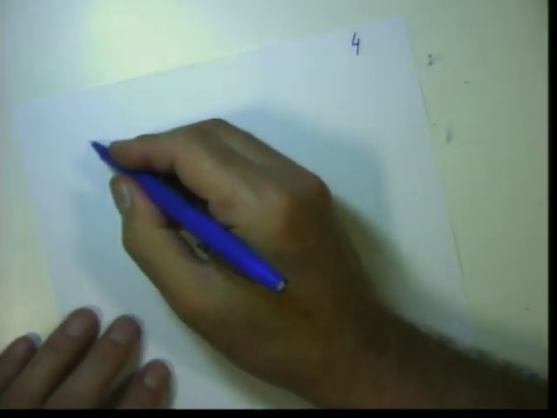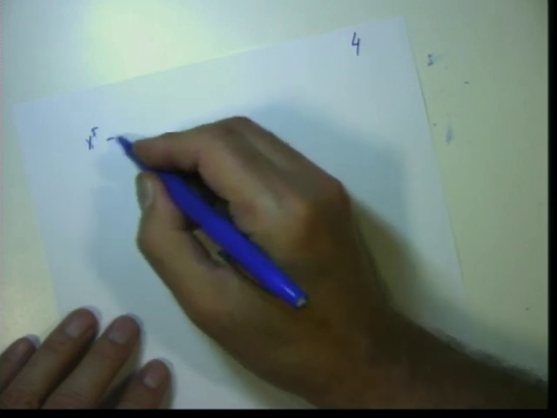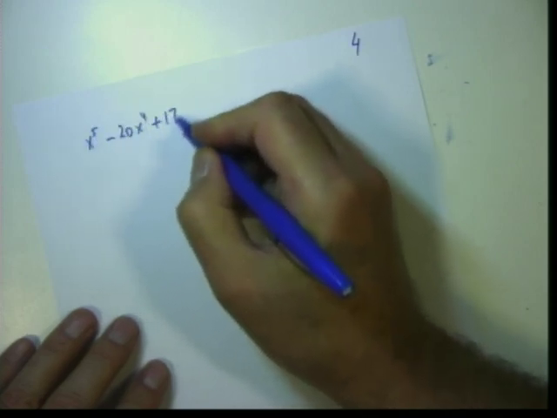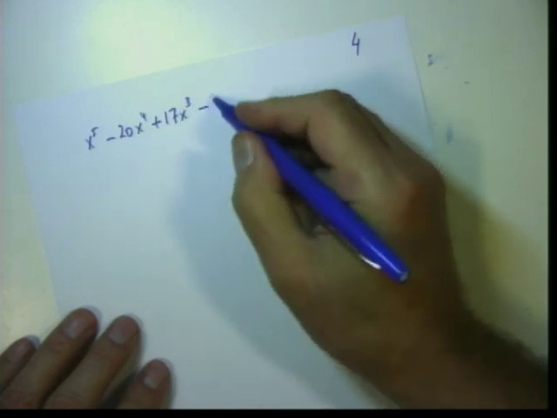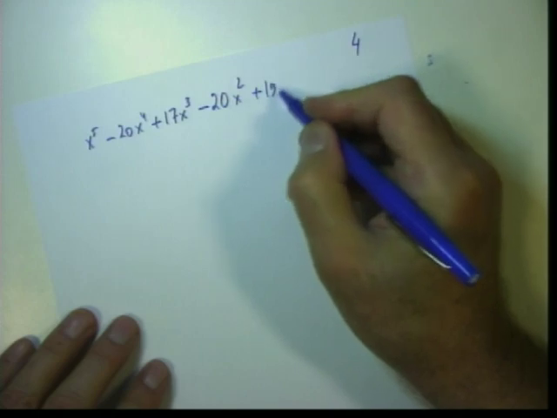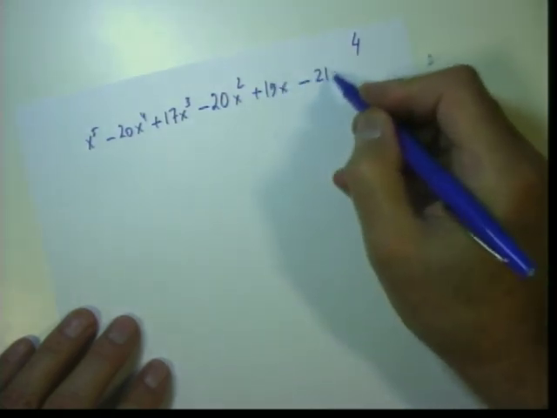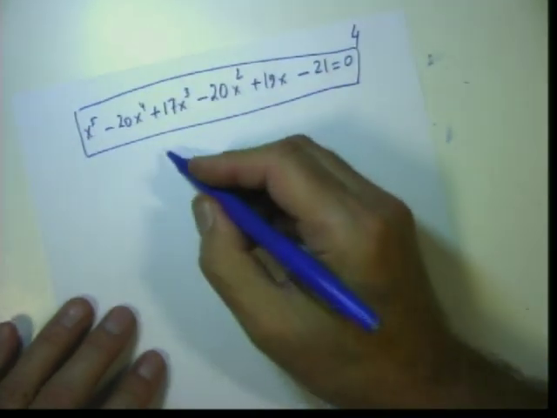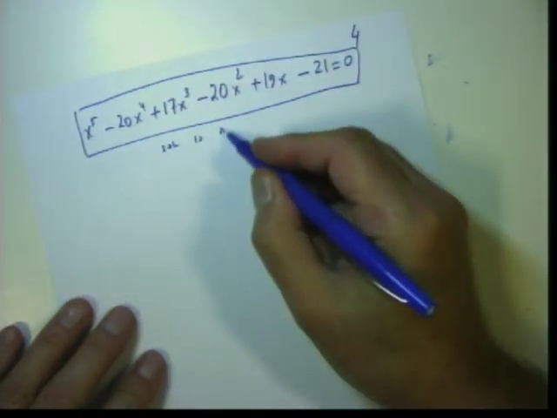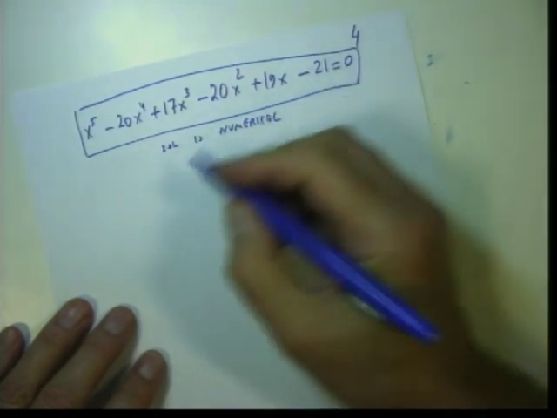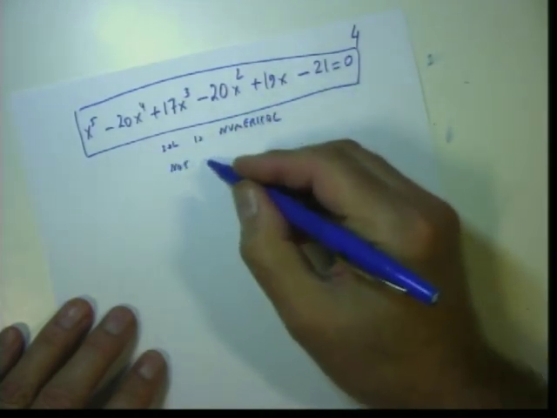for example, x to the fifth power minus 20x to the fourth plus 17x cubed minus 20x squared plus 19x minus 21 equals 0. So then the solution is numerical, not theoretical, so to say, not analytical.